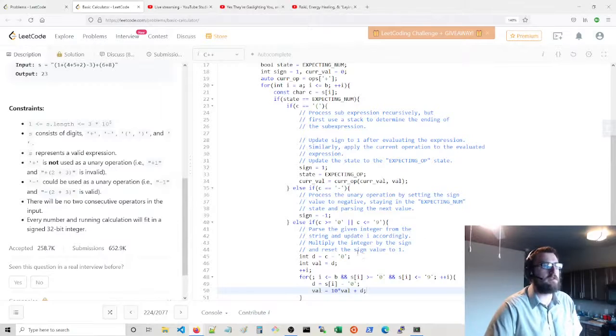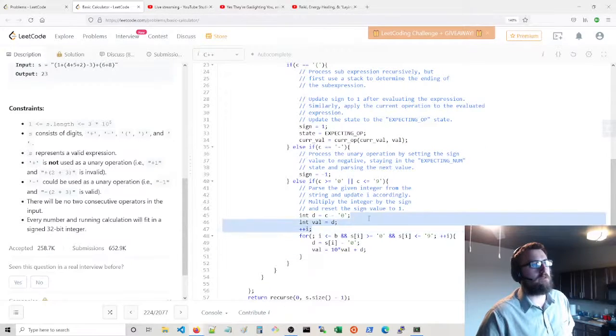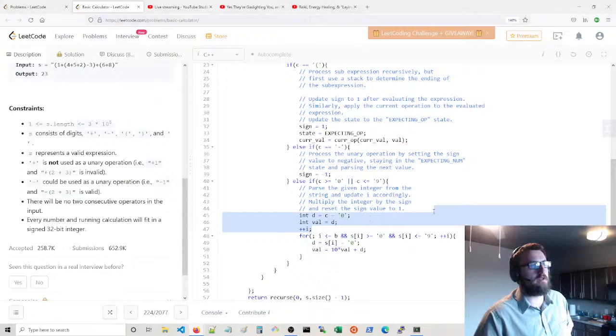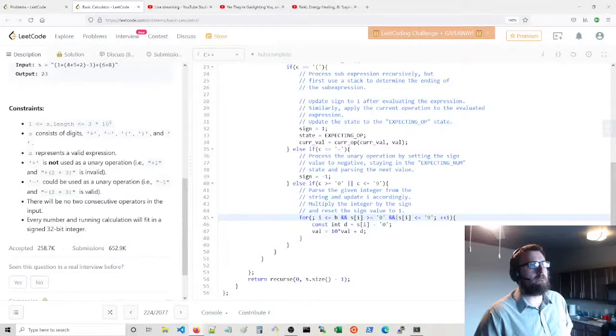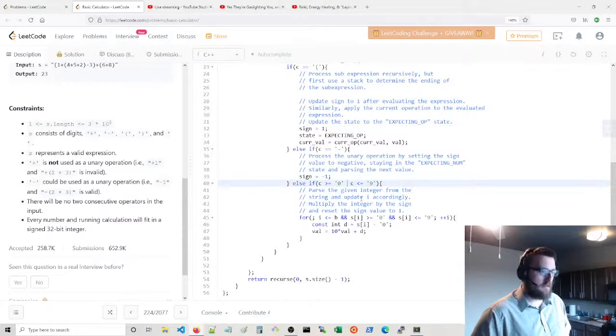So we do something like this. Actually, you don't need to put this I here. You can do it this way. You're going to sort of perform this check twice. Actually it's and, not or here.